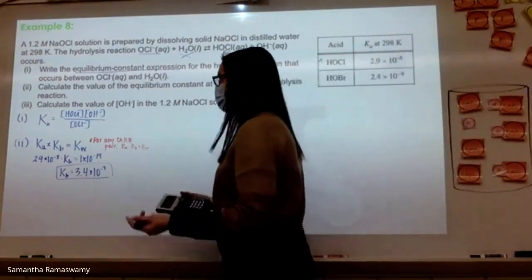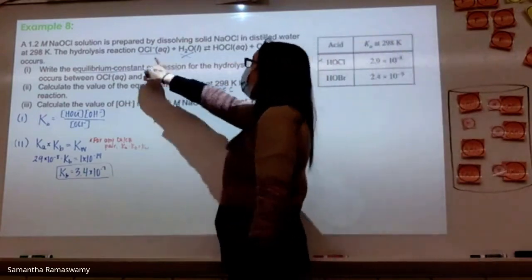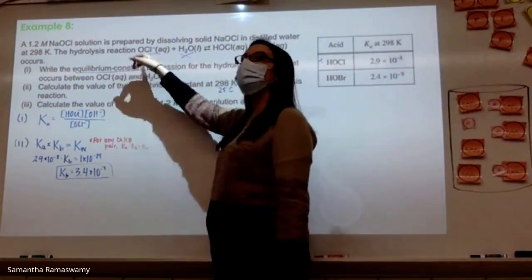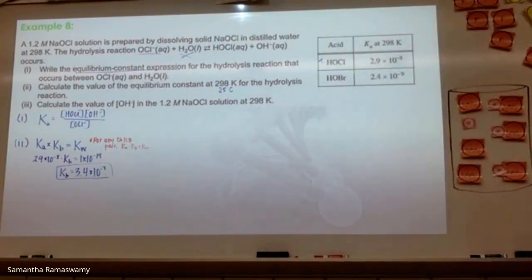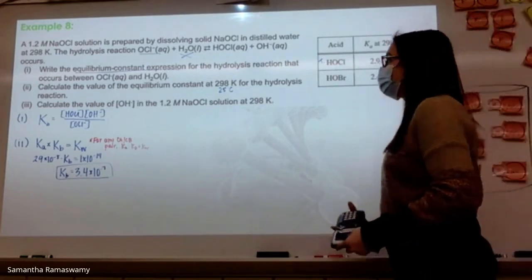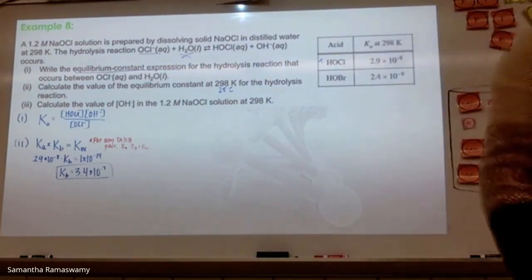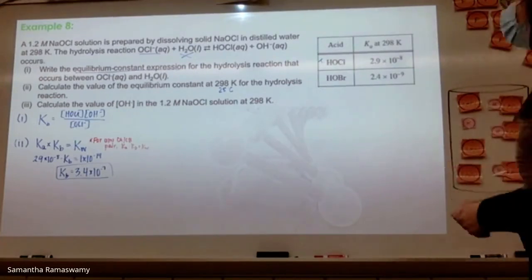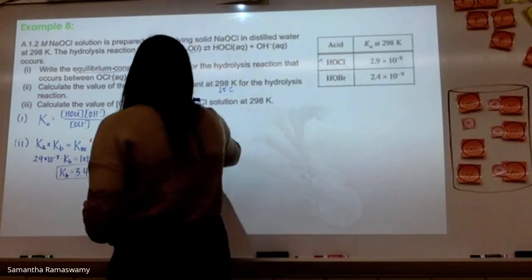And then part 3, calculate the value of OH minus in the 1.2 molar NaOCl solution at 298 Kelvin. Okay, OH minus solution. Technically, we need an ice table.